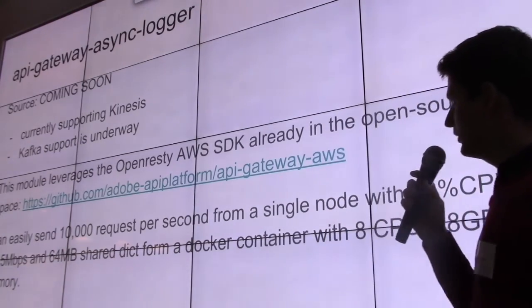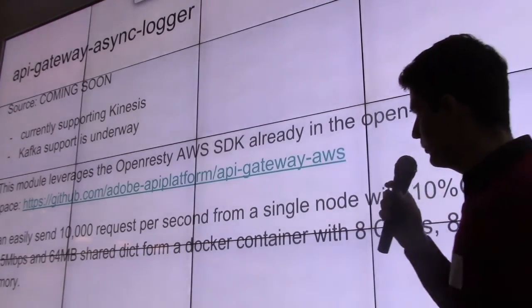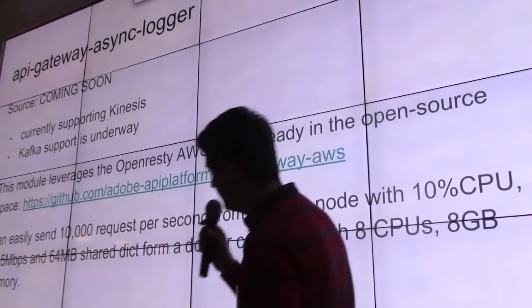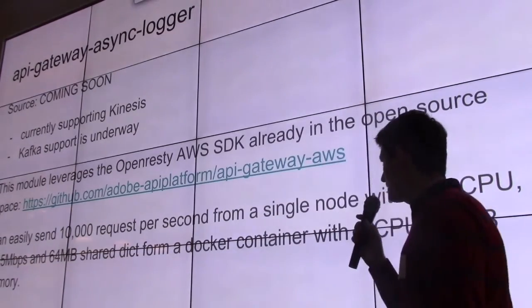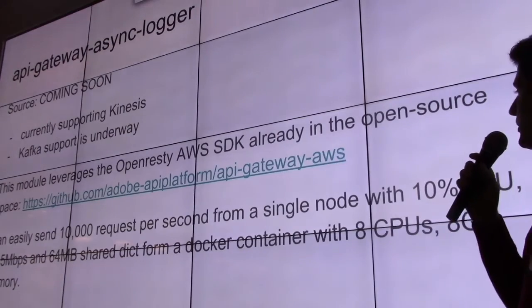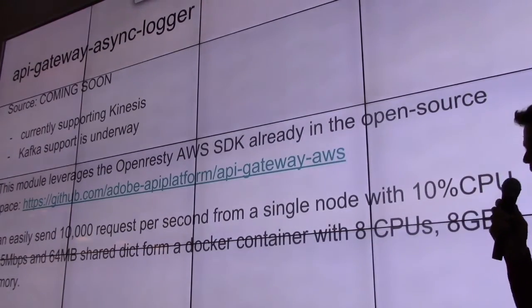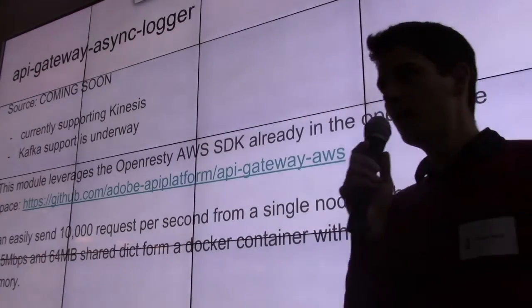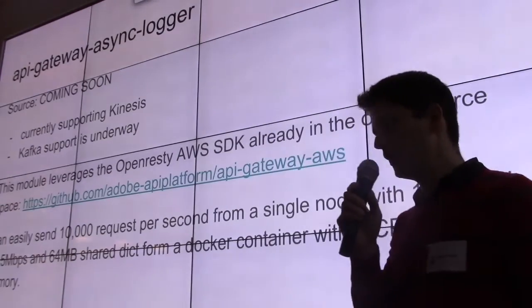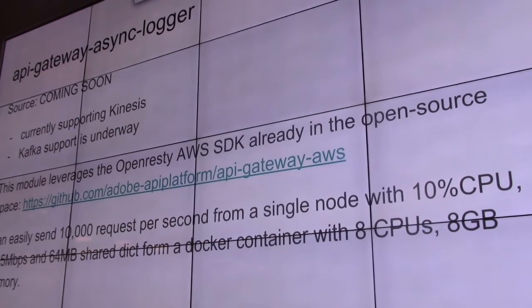We leverage an OpenResty Amazon SDK that is already open source, and I provided the link. The current module can send about 10,000 requests per second using just 10% of the 8 CPUs, 63 megabits per second, and 64 megabytes of shared dictionary. I find this pretty okay to send from a single node, and we're pretty happy.